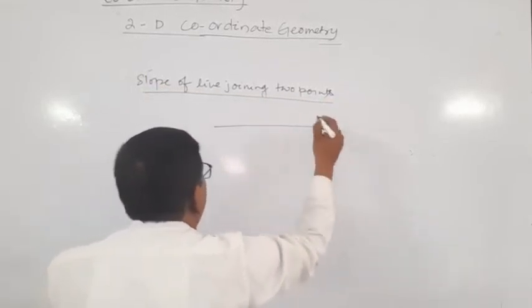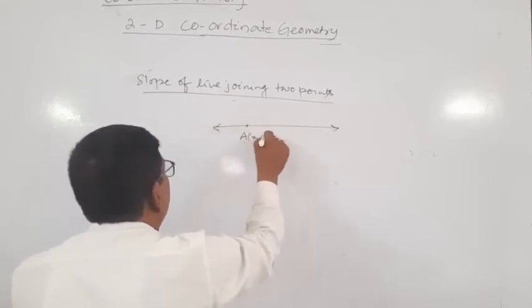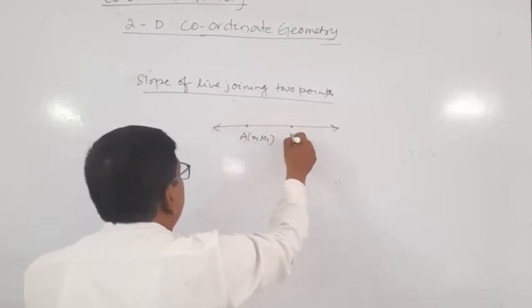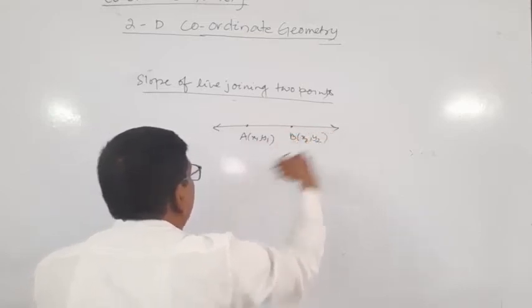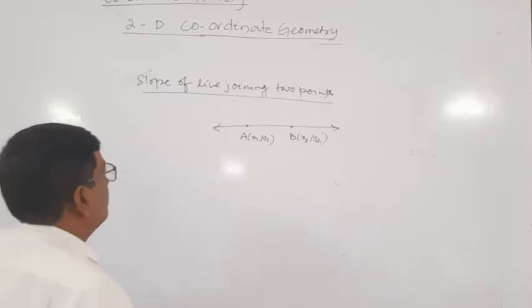Suppose this is a line whose 2 points are given, A of x1 y1 and B of x2 y2, then what is the slope?